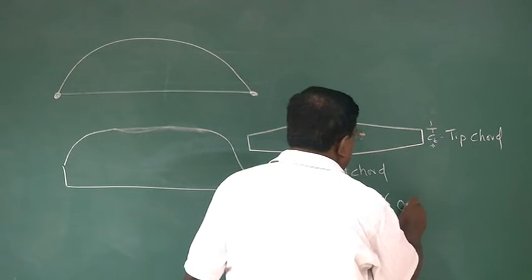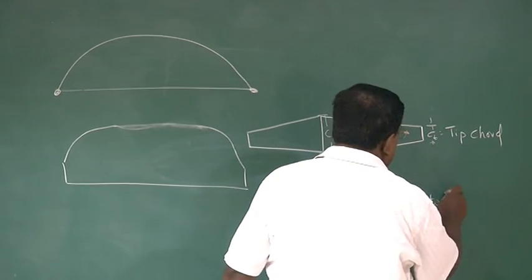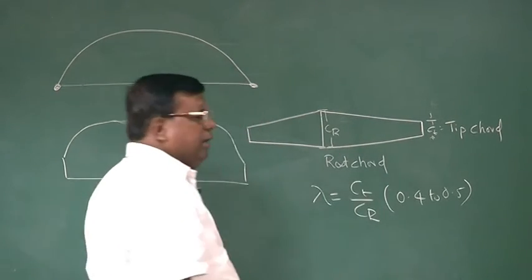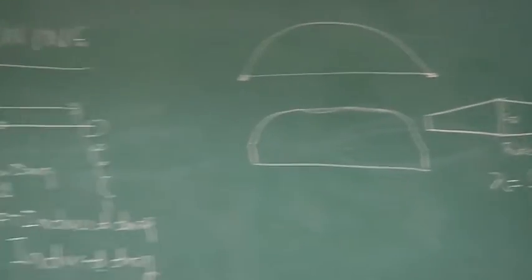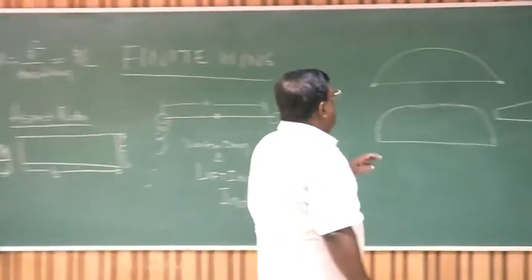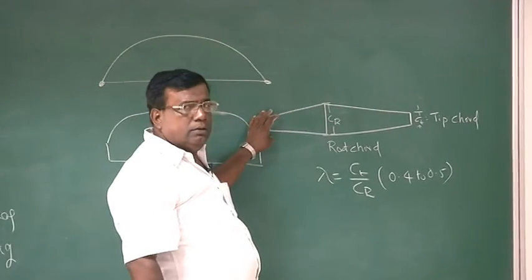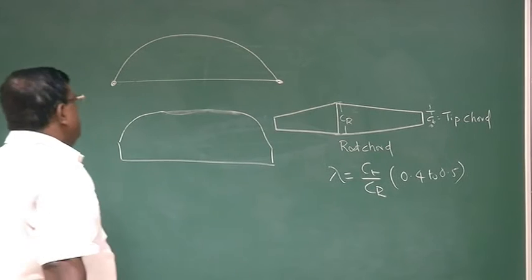And if I keep this value 0.4 to 0.5, for all practical purposes, I am approaching towards elliptic distribution. Not elliptic, but yes, towards elliptic distribution. You could see that we are making the area less here, so we are discouraging lift at the tip.